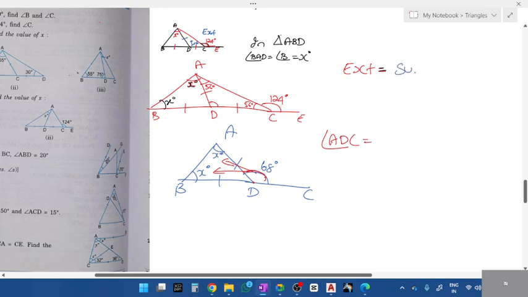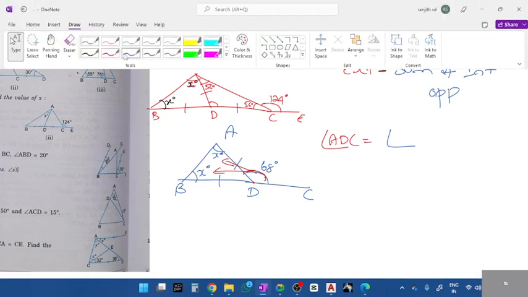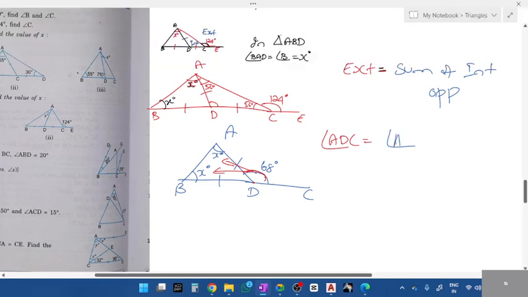Exterior angle is equal to the sum of interior. The exterior angle is ADC, which is the sum of the interior angles here. Which two are interior? Angle A plus angle B. What is the exterior angle value given? 68 is equal to x plus x.